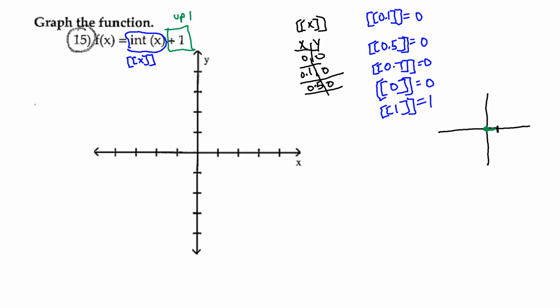When we get to 1, the floor of 1 is 1. The floor of 1.1, we round down, is also 1.